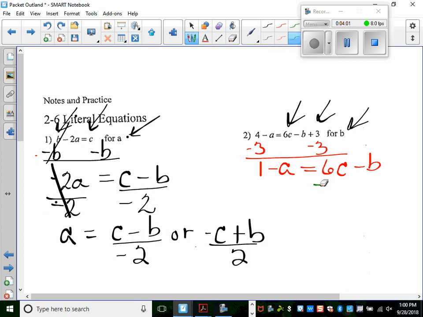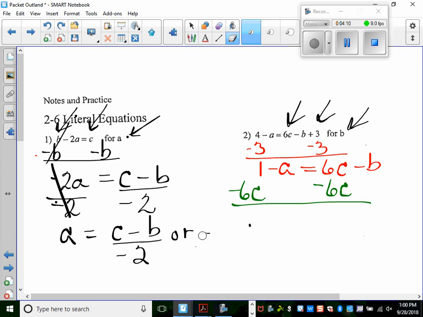So I'm going to subtract it to get it to the other side. Okay, let's move this out the way. So when I bring this down, I'm going to bring it down as, and you can write it as 1 minus A minus 6C equals negative B.